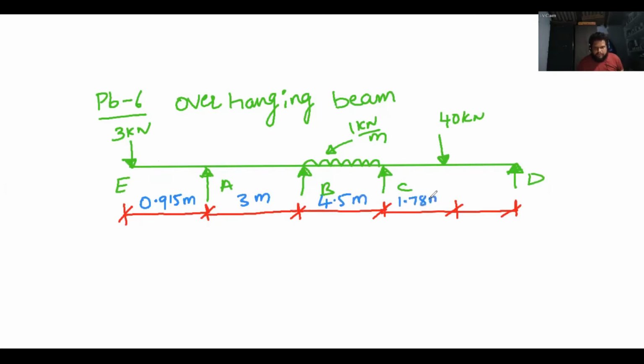The total length is 3 meters. Out of that, from the left hand side it is 1.78 meters, and from the right hand side it is 1.22 meters. Here EI is not constant. In the AB span it is 2I, in the BC span it is 3I, and for the CD span it is 2I.